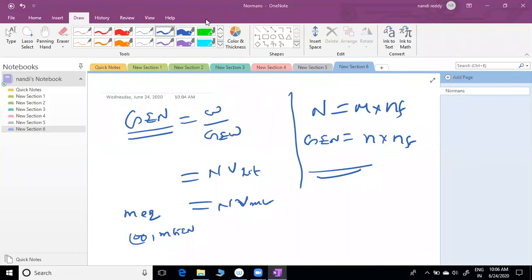KNMS 11th Guru Prasad, how to calculate n factor for cations? What is the n factor for cations? Give your answer through chat box.